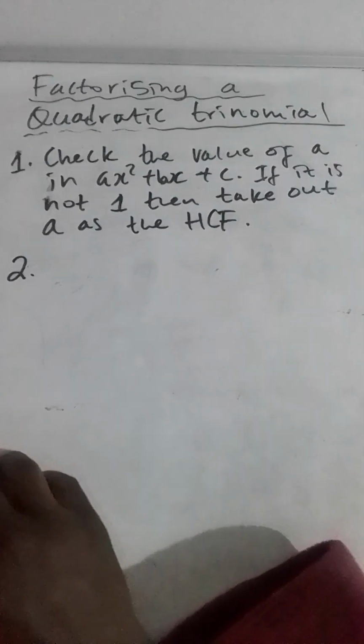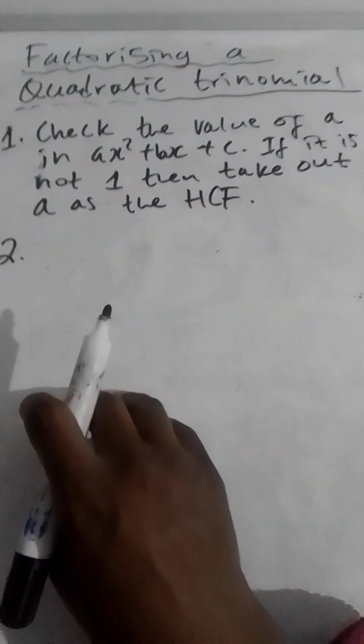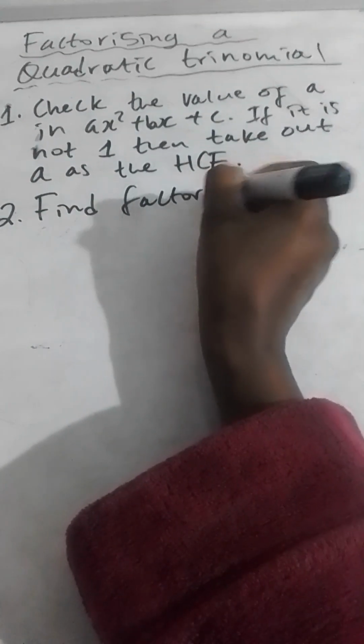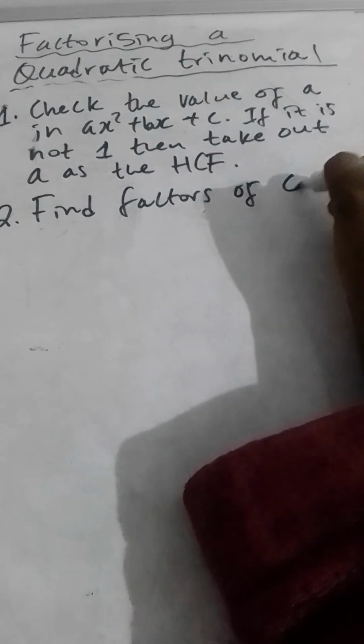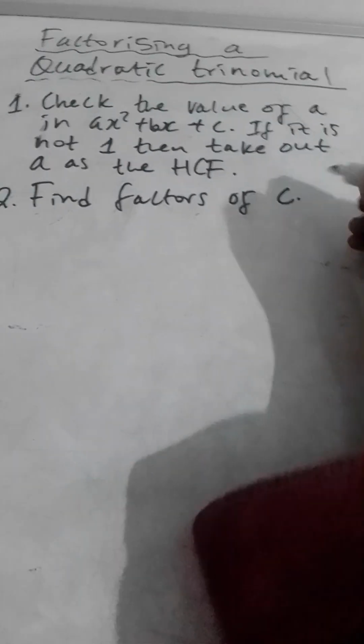Then step number 2, once you have taken out a as a common factor, or if a is equal to 1, the next step is to find factors of c. If you have taken out a as a common factor, you will use the new c, which would be of the expression in brackets, right?